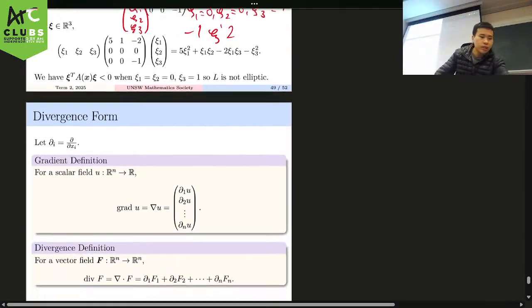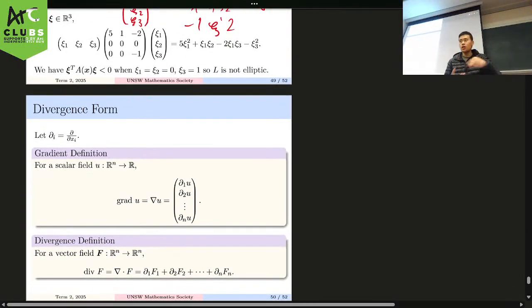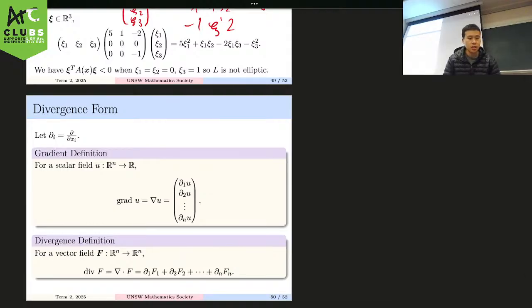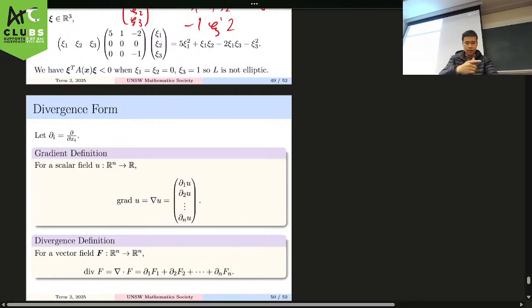Okay, almost done. All right, so divergence. This is getting into 211 territory. Let the partial derivative with respect to your ith component be defined. A scalar field is when you're inputting many different values, like f of x, y equals x squared plus y squared.